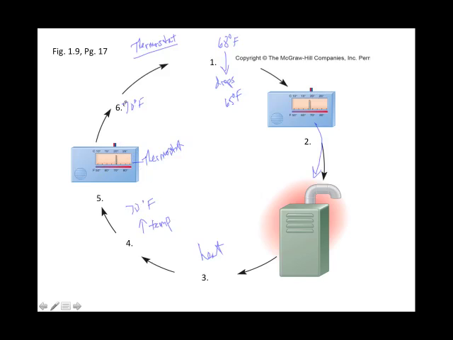The thermostat detects that, shuts off the furnace, and now we're back to where we started. That is a negative feedback loop. So when the temperature got too cold, the furnace turned on, put heat in the house, raised the temperature, and when it got to a certain point, the furnace shut off, and now the room temperature is back to normal.